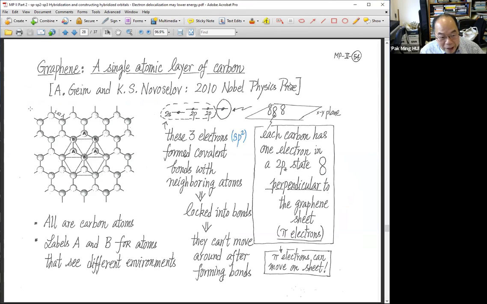If you look at one layer, there is periodicity. Now, for example, if you are an electron, if you are living here at this location, you see the same environment as living here, the same environment as living there. So you have a periodic potential energy profile for the electron to live in.